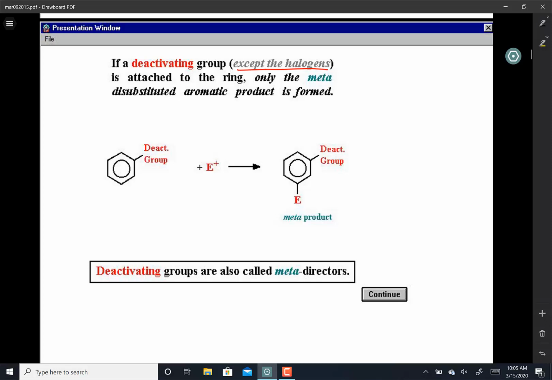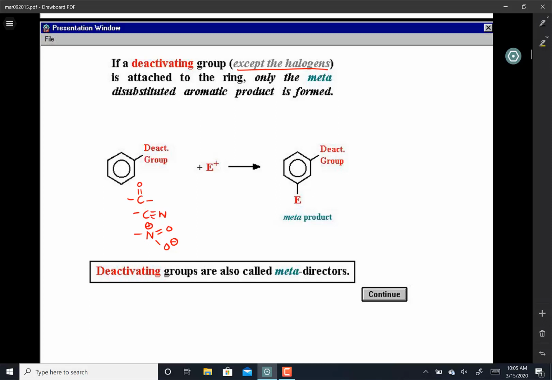Okay, so those are going to be all of the carbonyl groups, a C triple bond N group, an NO2 group, and remember an NO2 group looks like this. And then I'm going to leave out the NR3 plus because, to be honest, you have a very difficult time doing any kind of electrophilic aromatic substitution with an ammonium, an NR3 plus group.